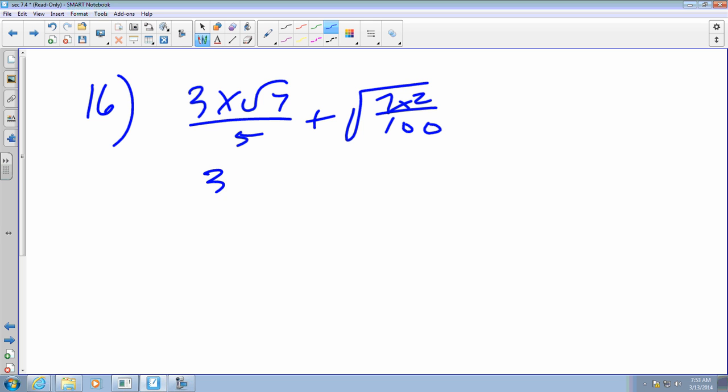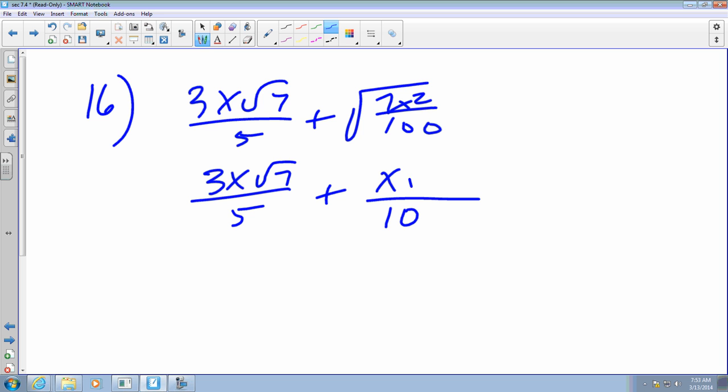So I'm going to just rewrite my first one. Square root of x squared is going to come out as an x. Square root of 100 is 10. And this 7 stays under the radical.